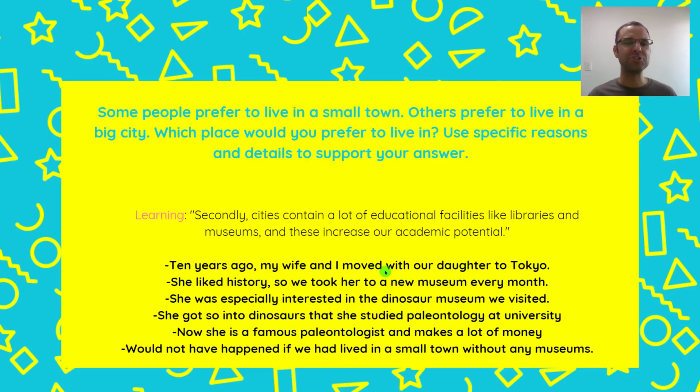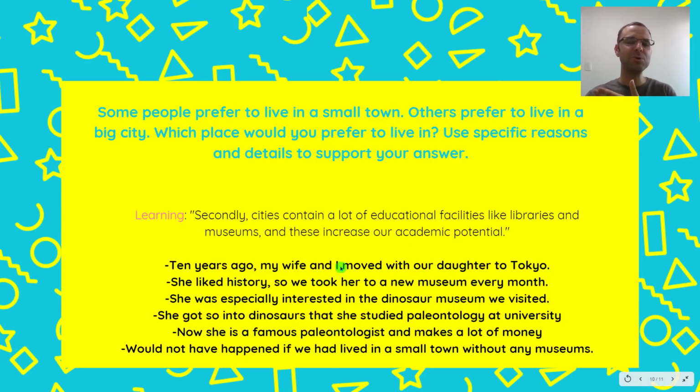This is the one about the small town. And my choice was that I like to live in a big town. And the topic sentence I went with is, secondly, cities contain a lot of educational facilities like libraries and museums, and these increase our academic potential.